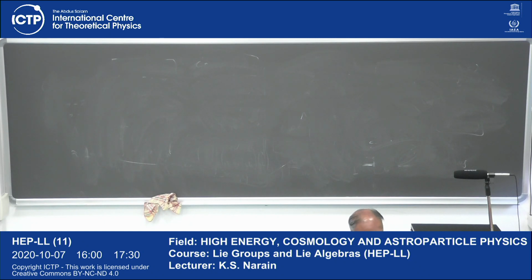Pi plus has a positive charge, pi minus a negative charge, and pi 0 is neutral. And there are K mesons: a K plus and a K minus, and 2 neutral K's, K0 and K0 bar. Mainly there are 2 neutral K, and finally there is 1 eta. So altogether there were 8 mesons.